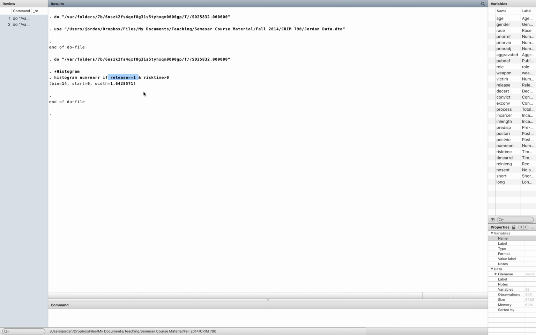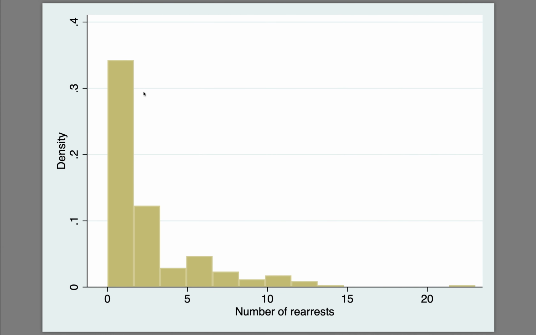There would be no way of knowing whether the person was rearrested 0 times because they actually didn't reoffend, or because they actually weren't on the street to be able to reoffend. So zero-inflated negative binomial regression will help you figure out what the source of the zeros are.